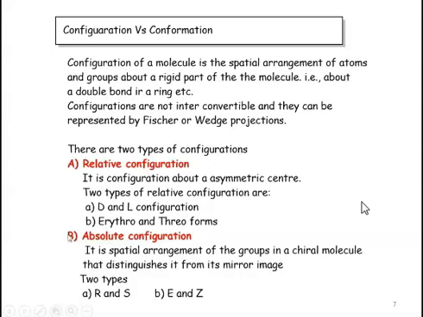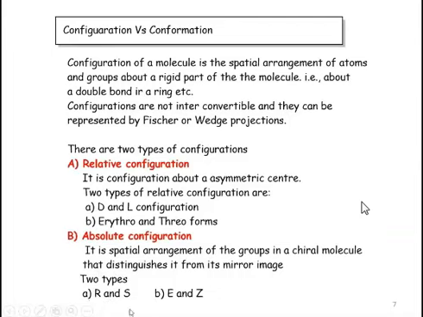Now let us see what is absolute configuration. What does absolute configuration mean? Absolute configuration is the spatial arrangement of the groups in a chiral molecule, which distinguishes it from its mirror image. Absolute configurations are of two types.